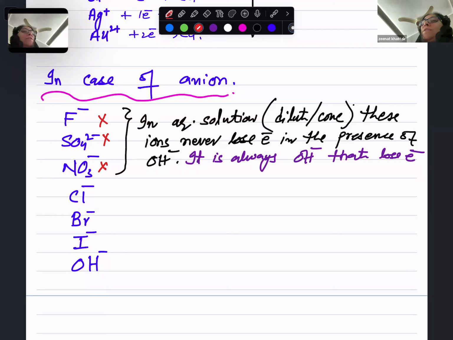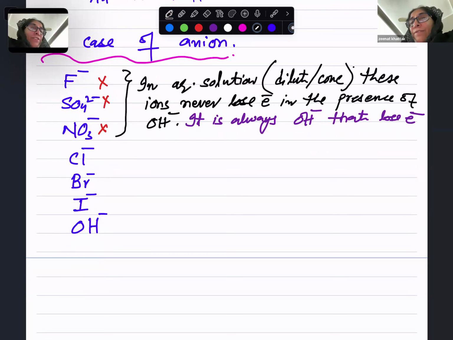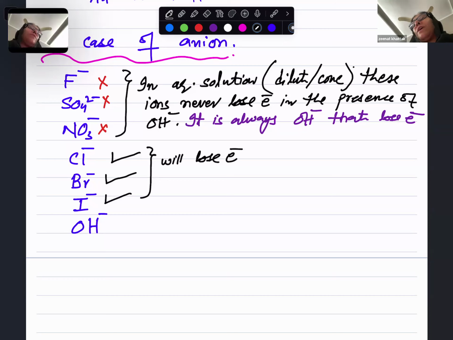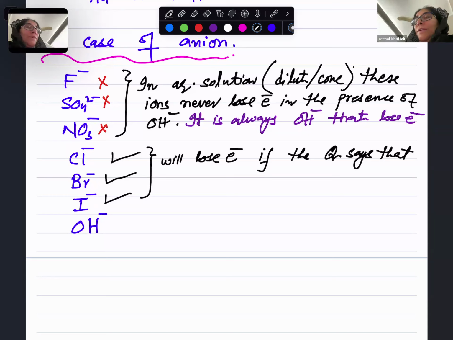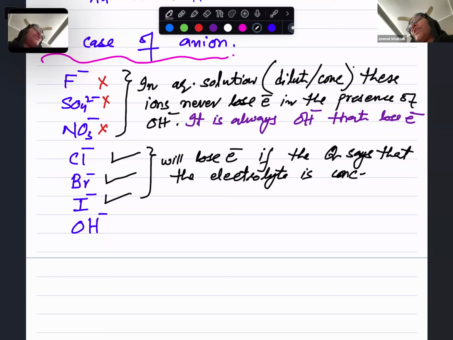But if it is concentrated, then chloride, bromide, and iodide will lose electron if the question says that the electrolyte is concentrated.